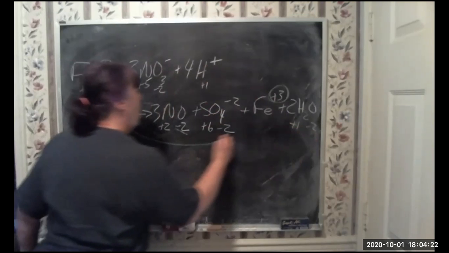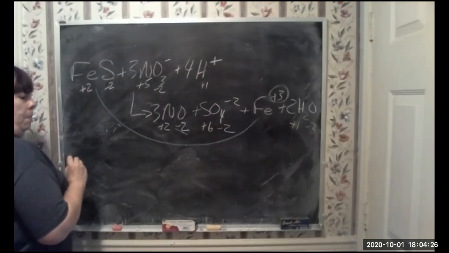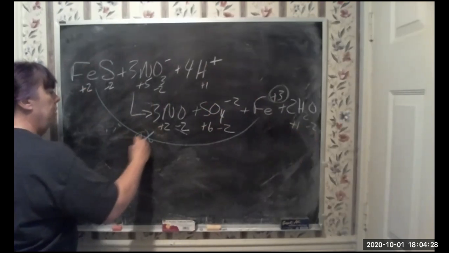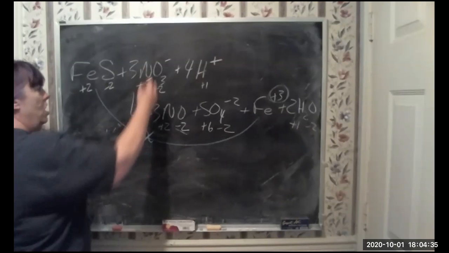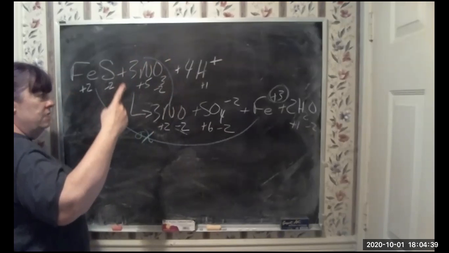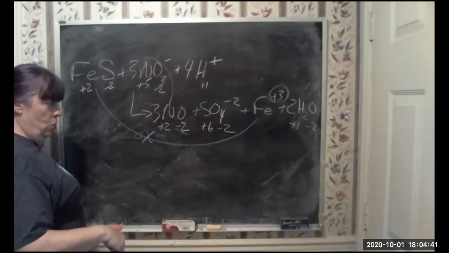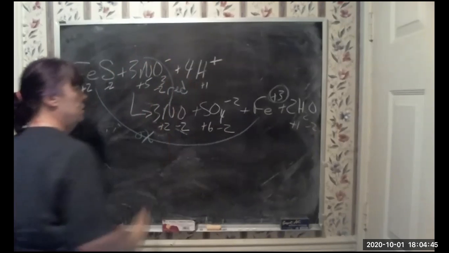But my iron changed. It went up. It went from +2 up to +3. But it's not the only thing that changed. Also, my nitrogen, +5 to +2. That changed also. It got reduced.